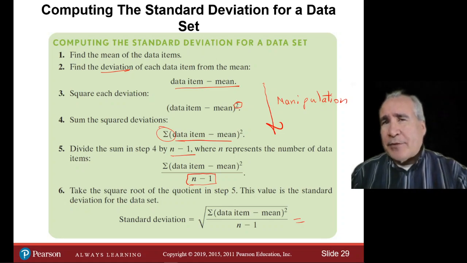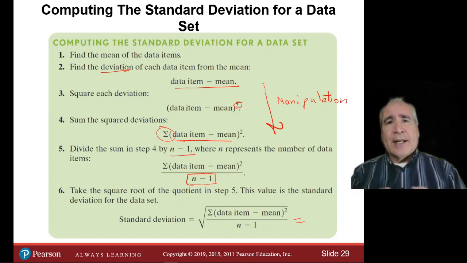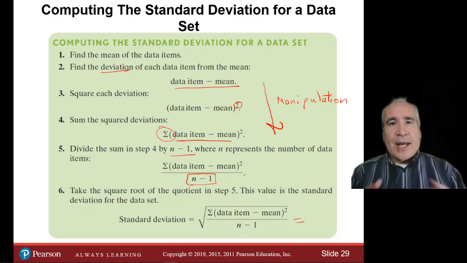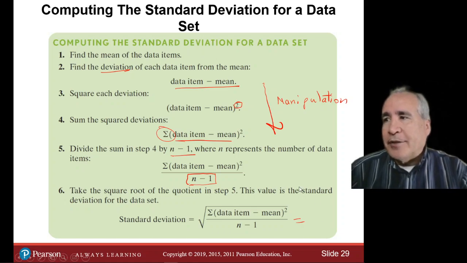But for right now, we get a number that gives us a feeling for how spread out things are. So the larger the number, the more spread. The smaller the number, the less spread. And we're going to use it mostly for comparison.